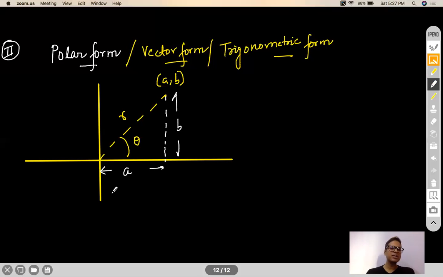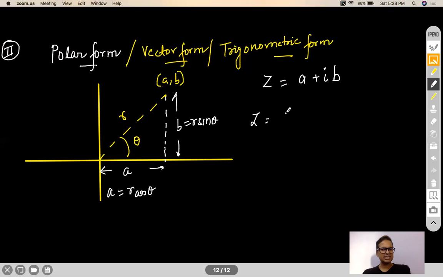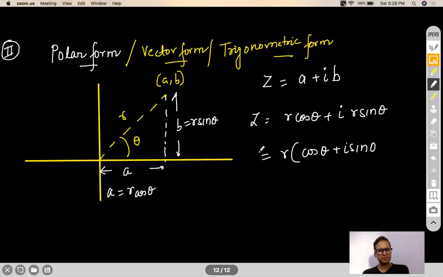So as per our relationship between a, r and theta, a will be r cos theta and b will be r sin theta, correct? So the very same complex number which you used to write as a plus ib can now be written as r cos theta plus i r sin theta. In other words, it can be written as r (cos theta plus i sin theta), correct? Okay.